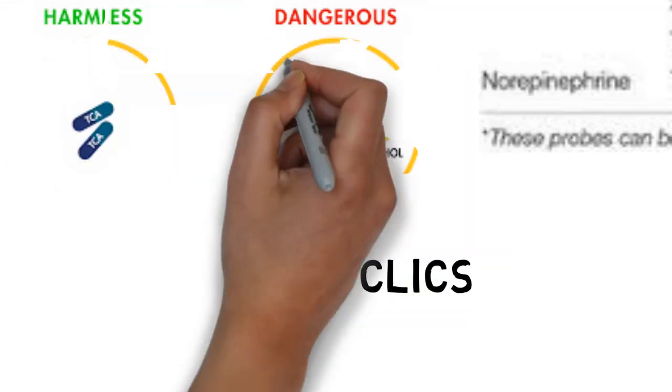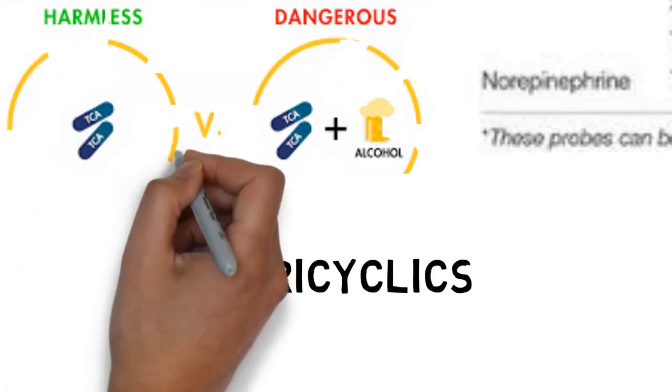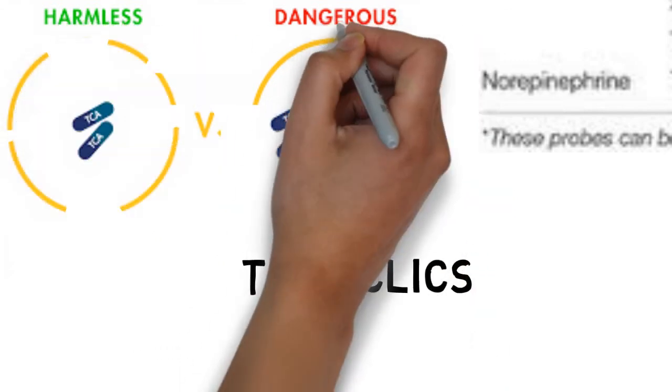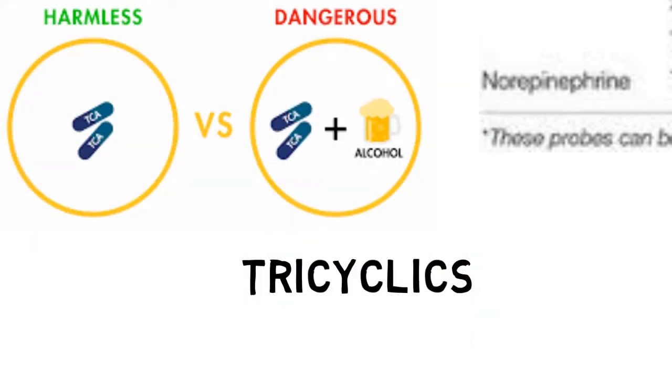And the tricyclics are still used these days to some extent when other things don't work. They're relatively effective. About 60% of people respond well to tricyclics, but they have a lot of side effects, and there's some dangers to it. Like, for example, if you eat cheese with some people, that can cause a fatal overdose. You know, there's all sorts of things that can go wrong with it.